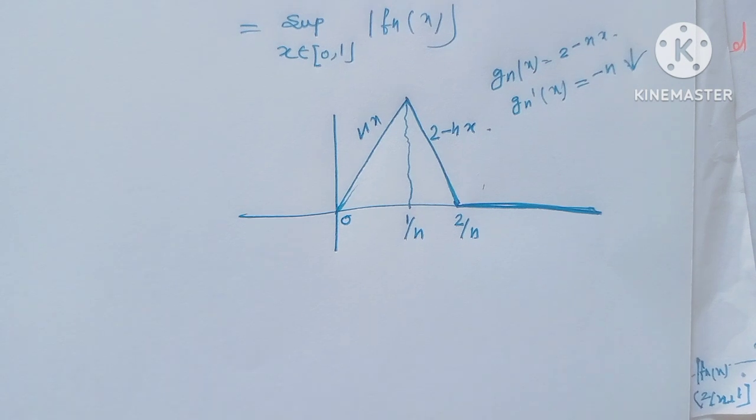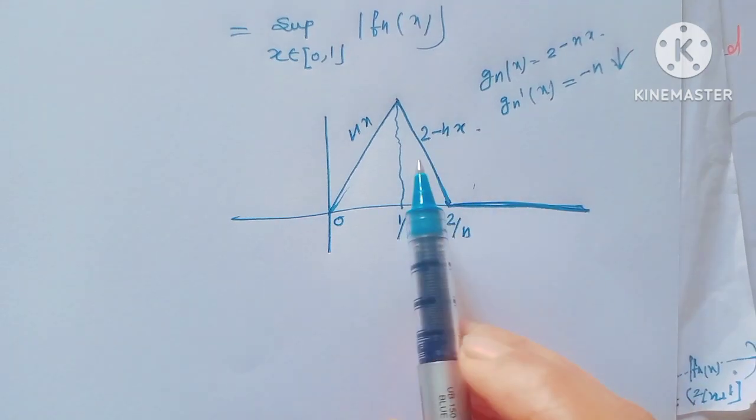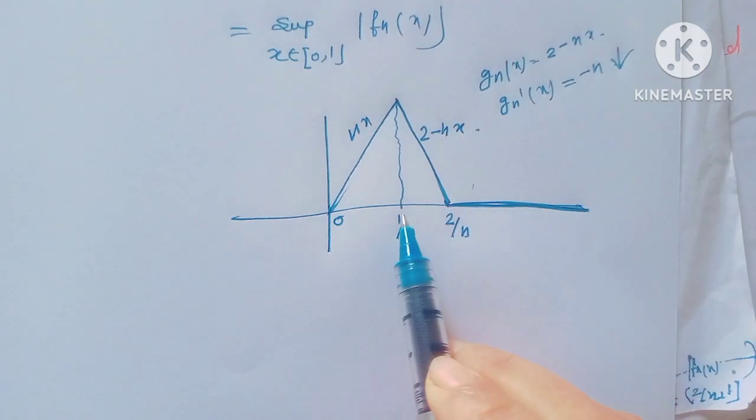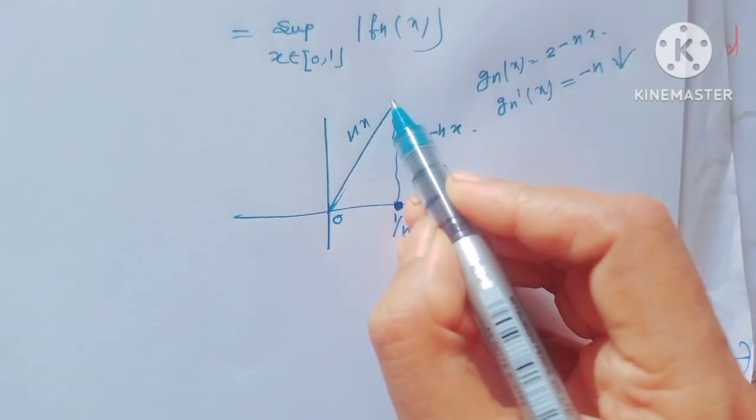So here the supremum value exists at the point 1 over n.